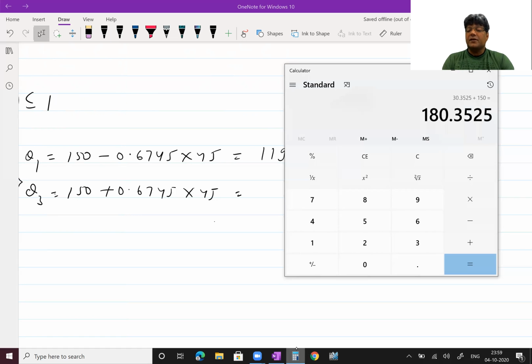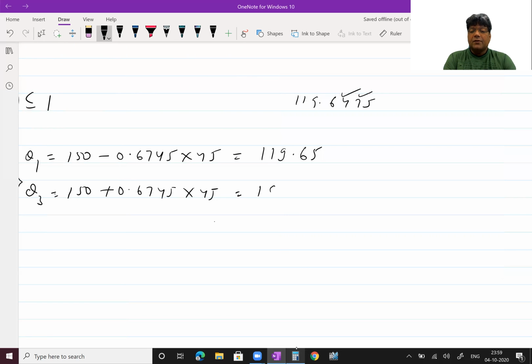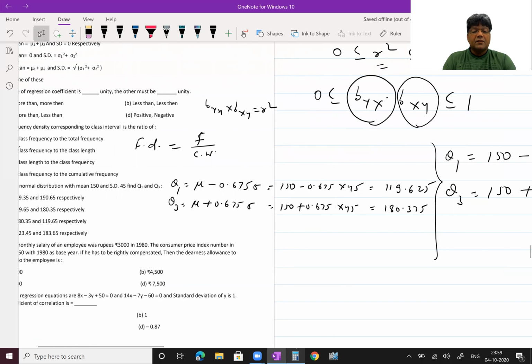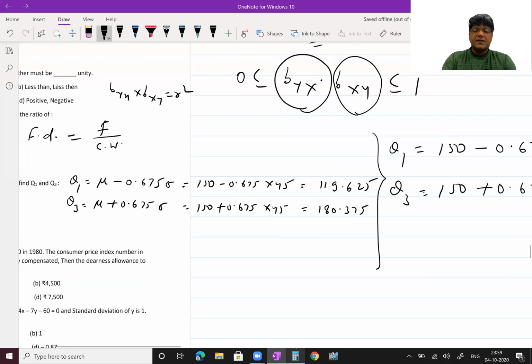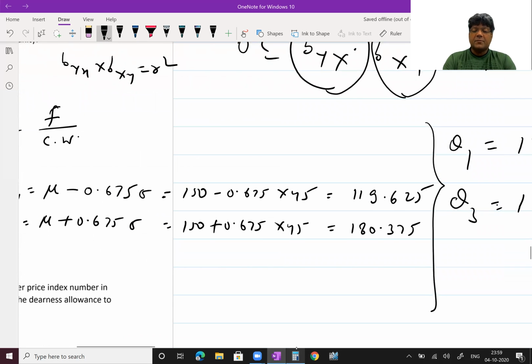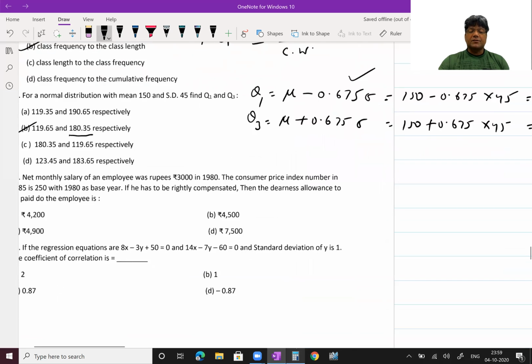So 180.35 only, because after the 5 comes a 2, so we will forget that. See, 180.35. But in your ICAI book, what has happened? This 0.6745 is approximated to three digits and written as 0.675. So you can use that also.